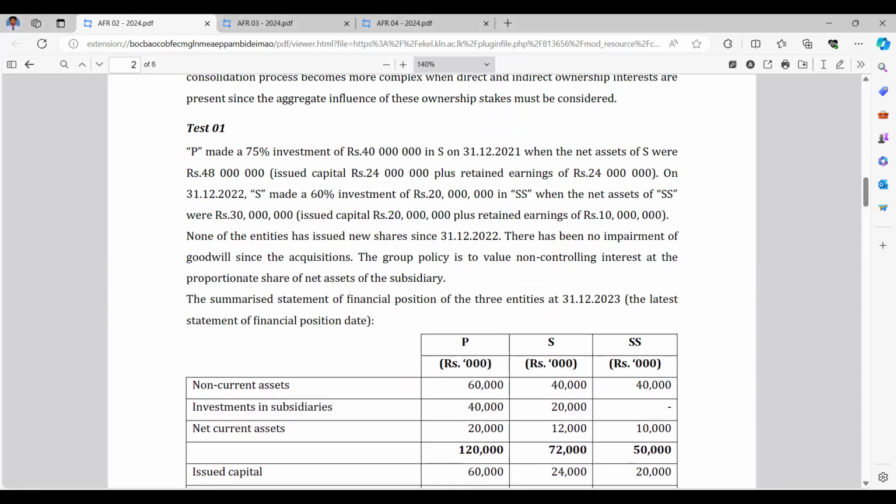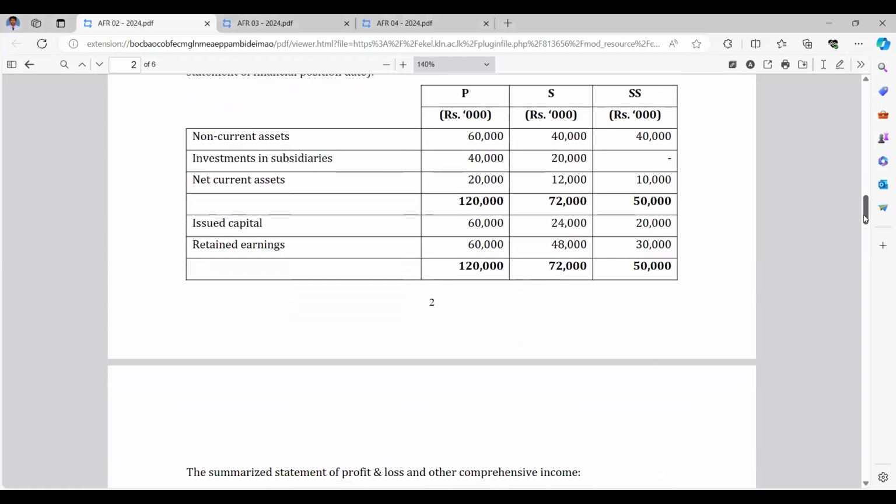So again, we need to put in the opening balances of stated capital as well: 24,000 and 20,000, the brought forward balances.